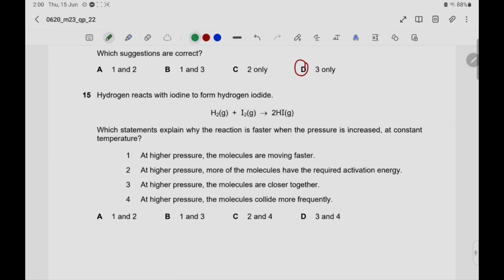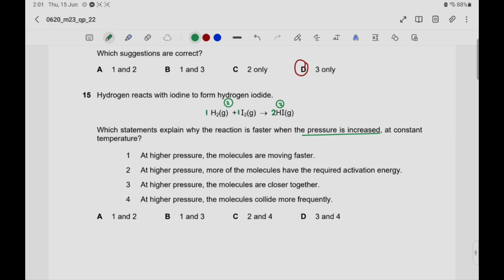Why is the reaction faster when the pressure is increased, at constant temperature? The number of moles: there are 2 moles on the left side and 2 moles on the right side. So there's no forward or backward shift, because this is also not an equilibrium question. At higher pressure, the molecules move faster?